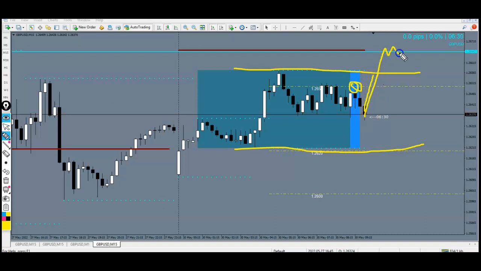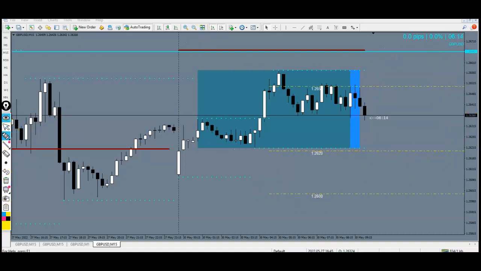Maybe it might manipulate to the lows and then flush downwards, or we could see price come down here, flush, and begin to give us a setup to go back up. If this gets broken, then we'll look to go to the lower end. Let me reduce that a bit.